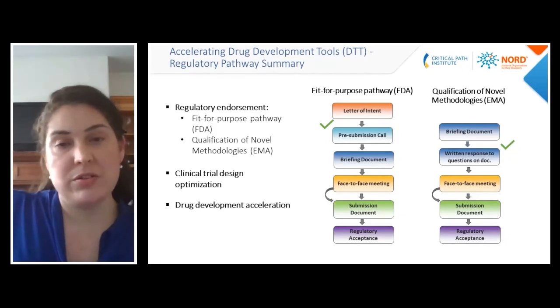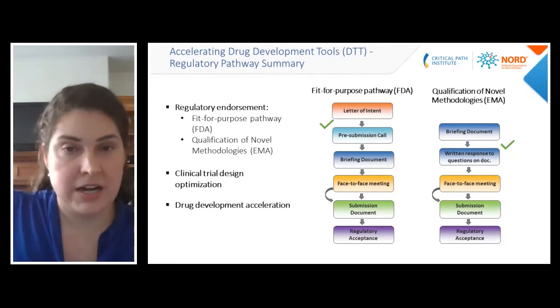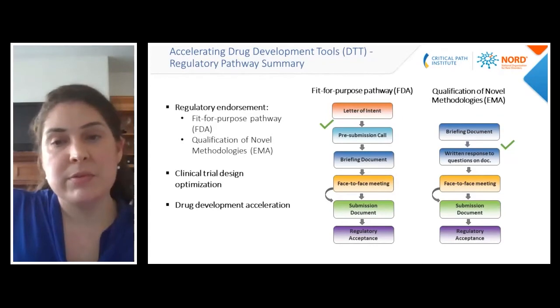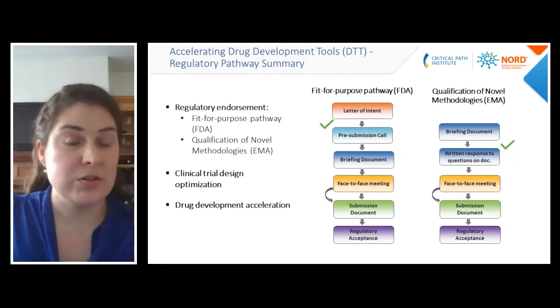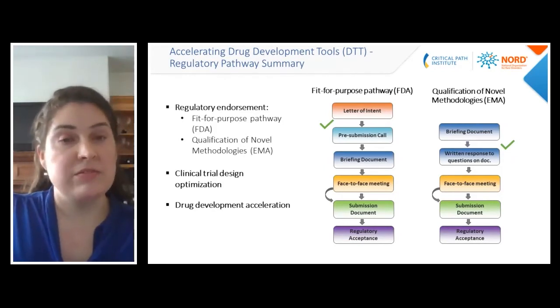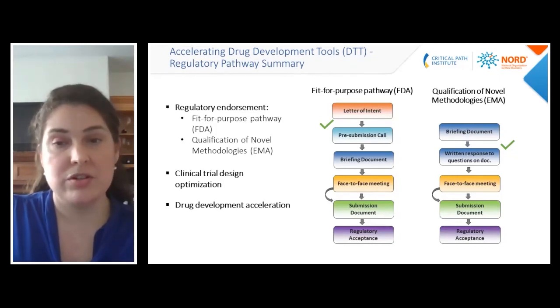On the left, we're looking at one particular mechanism for how these drug development tools can matriculate through the FDA, through the particular fit for purpose pathway. And then there's a similar parallel process through the EMA called the qualification of novel methodologies. Both of these regulatory mechanisms are designed to evaluate these drug development tools, like the clinical trial simulator that I mentioned earlier.